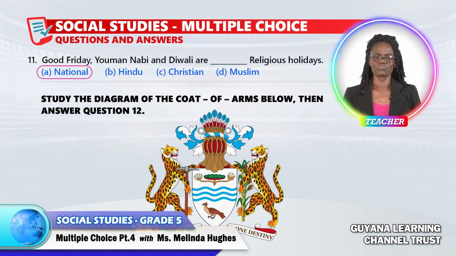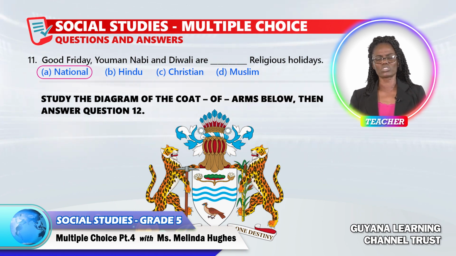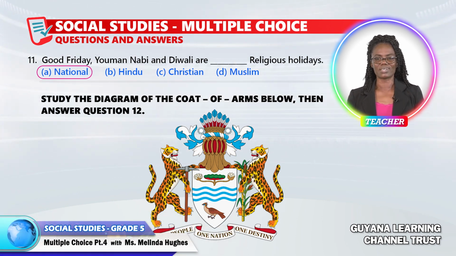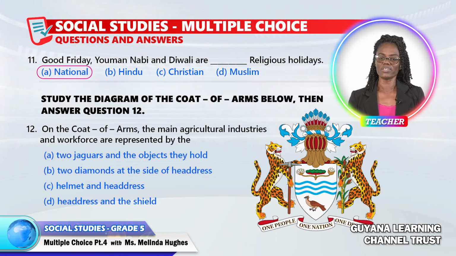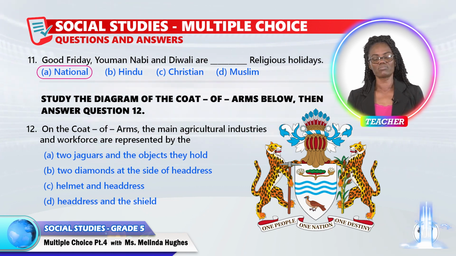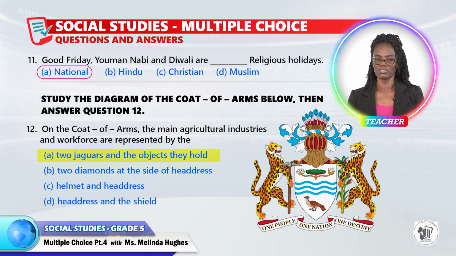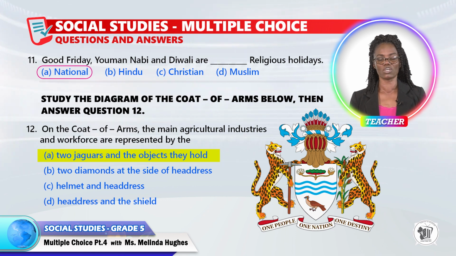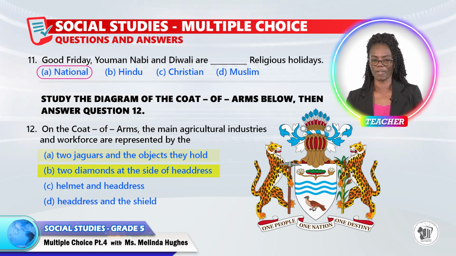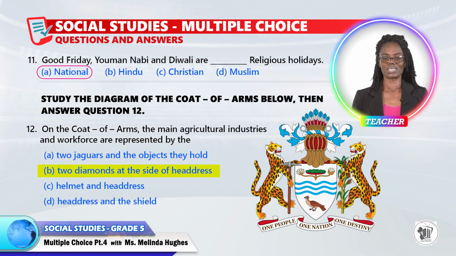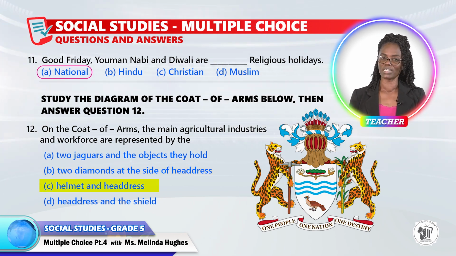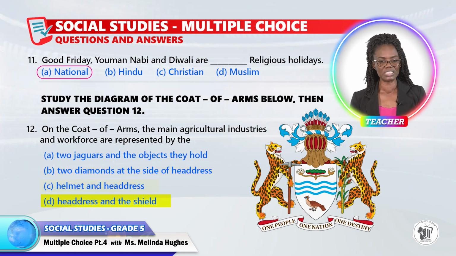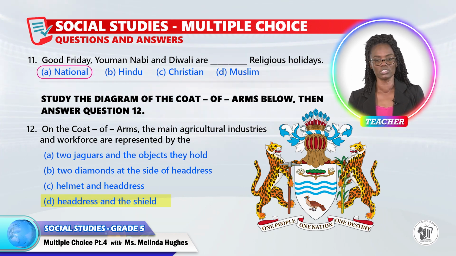Question 12. Study the diagram of the coat of arms below, then answer question 12. On the coat of arms, the main agricultural industries and workforce are represented by A. The 2 jaguars and objects they hold, B. The 2 diamonds at the side of the headdress, C. The helmet and headdress, or D. The headdress and the shield.